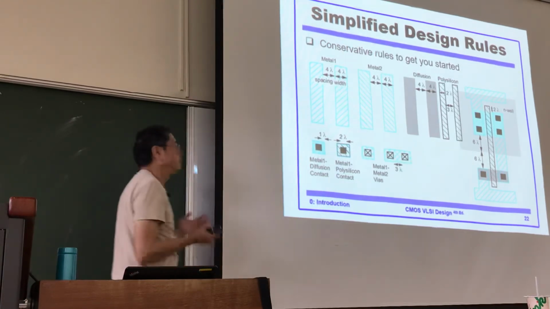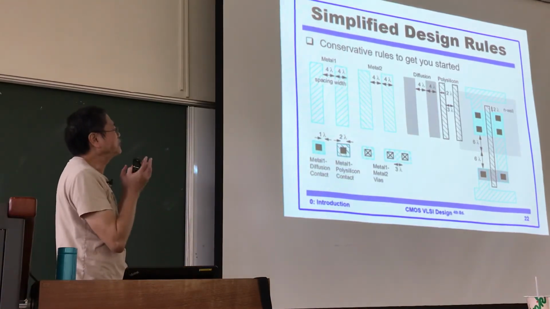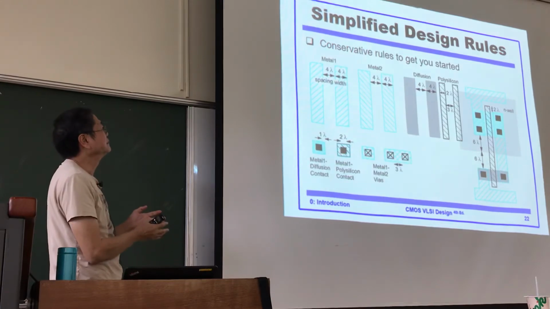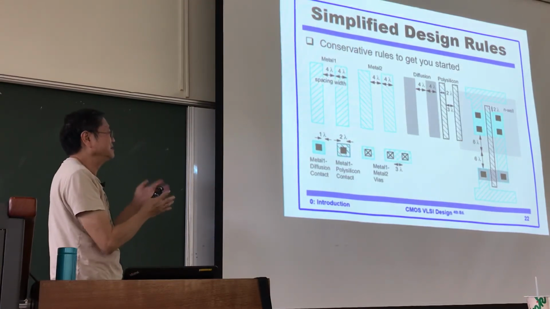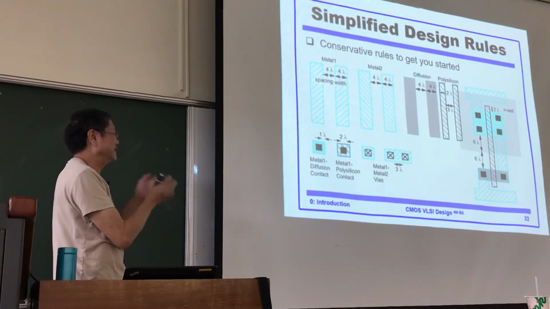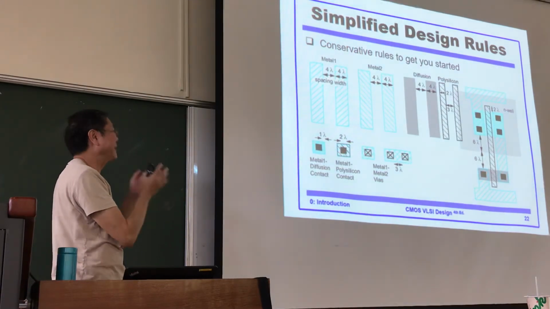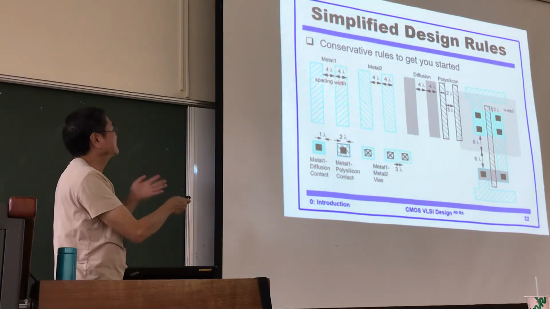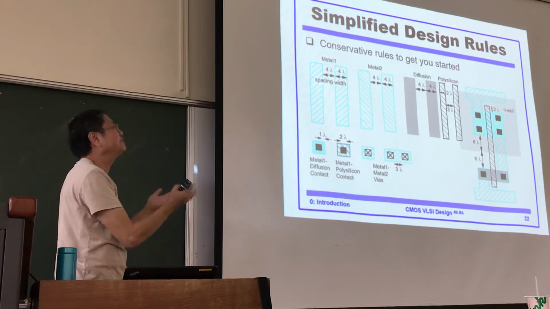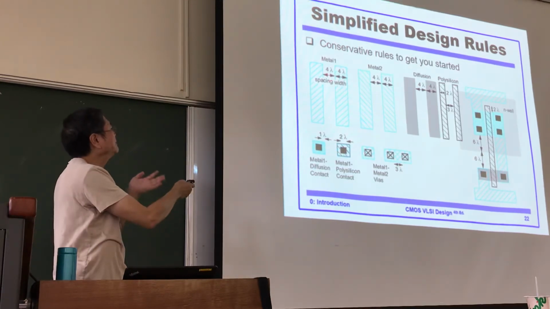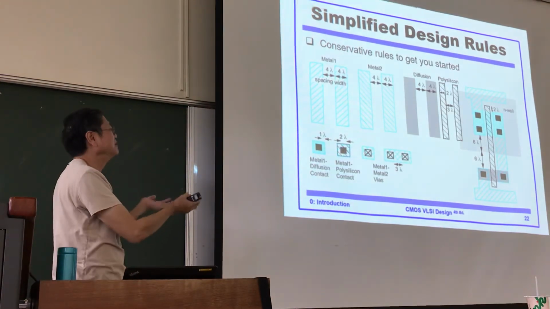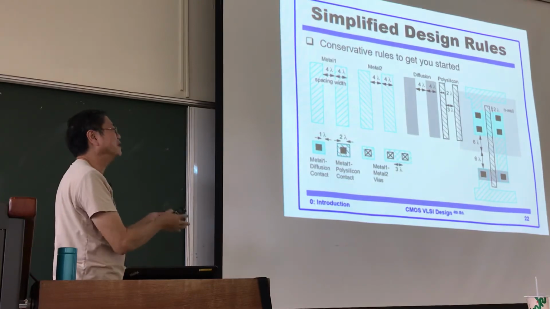And why do we need that? Why do we have to meet the requirement? It's not the exact same number, but at least it has to be 6 lambda. 5 lambda, 6 lambda for the spacing, fine. But it cannot be 3 lambda.